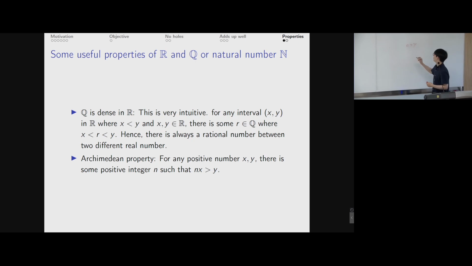Like, for any number y, just add 1 to it, and it's going to be bigger than y. So it is also a very intuitive property, but we made it into a theorem, so you can use it to solve some questions.